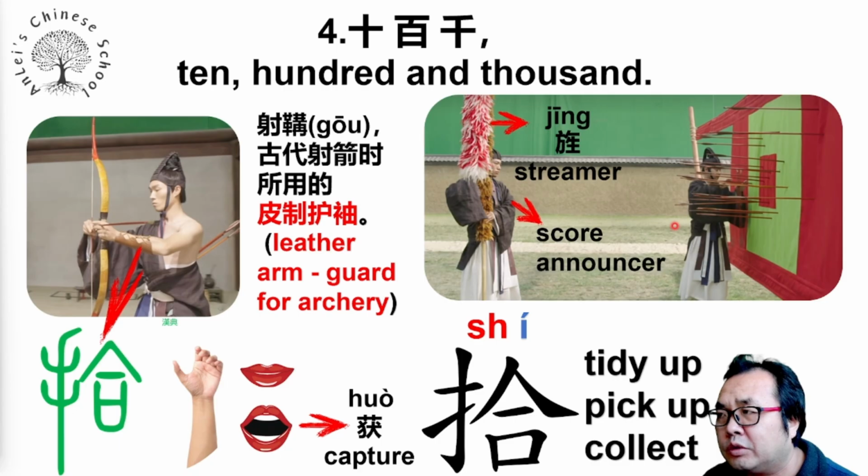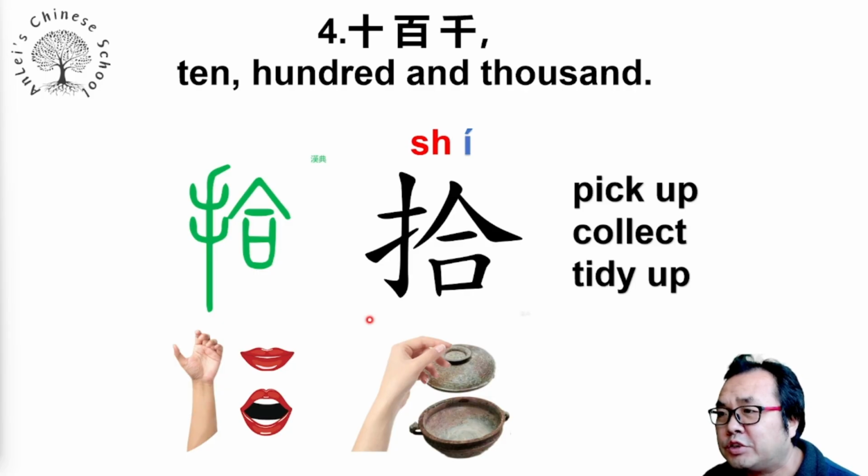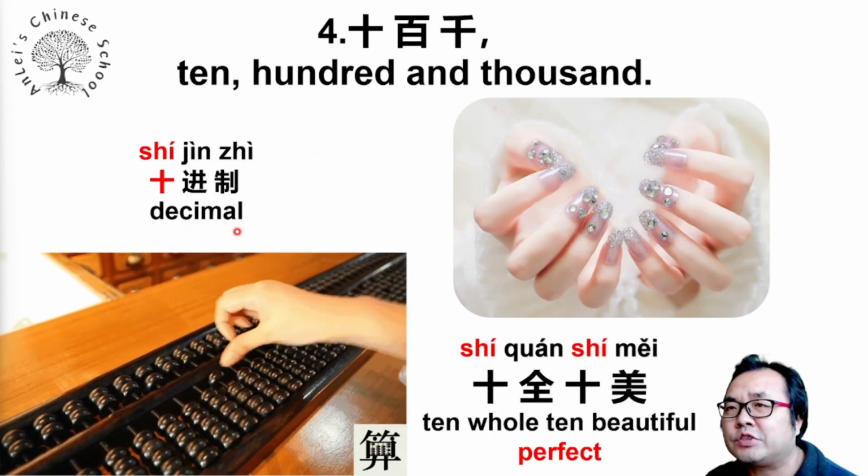Then the archer would go to the target and pick up the arrows and tidy them up. So this is a character 收, tidy up, pick up, collect. Another easy way to imagine it: on the left side is a hand picking up the lid.